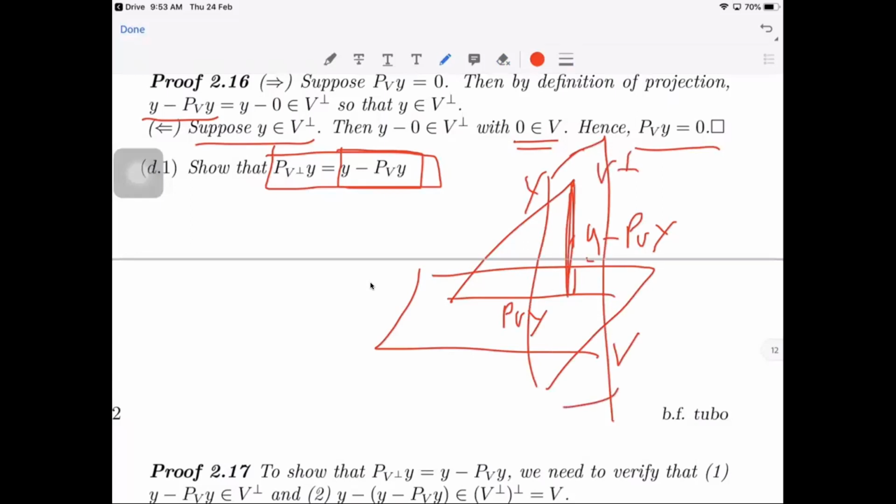That is the projection of y onto V perp. So for your y, its projection onto V perp is y minus the projection of y onto V.